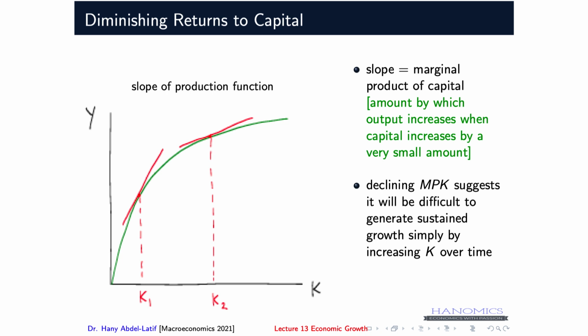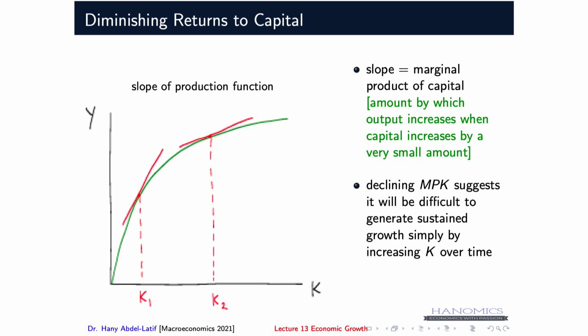So how much output will increase, that is what is called the marginal product of capital. So declining marginal product of capital suggests that it will be difficult to generate sustained growth simply by increasing K over time. So that is not sustainable.